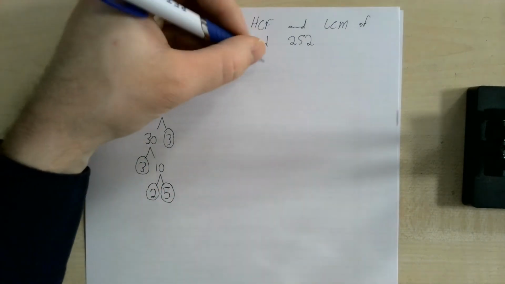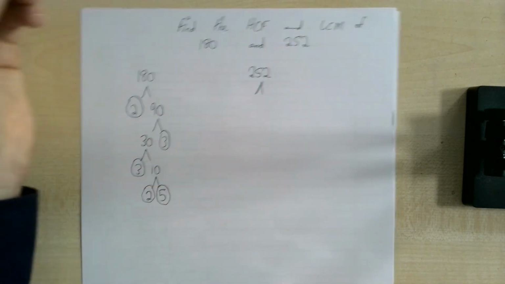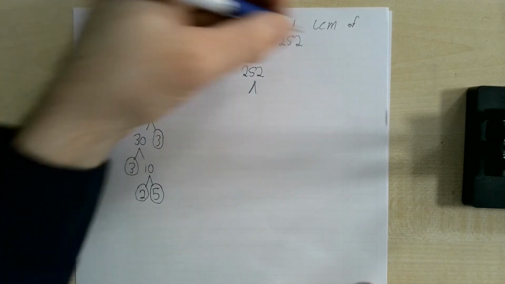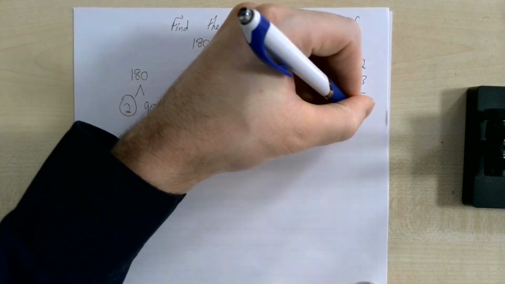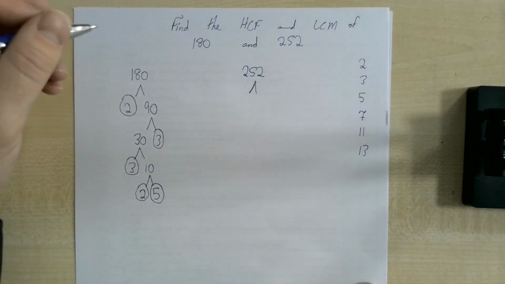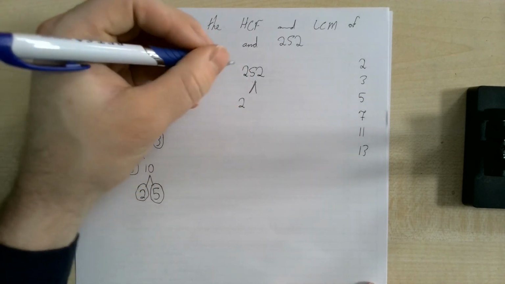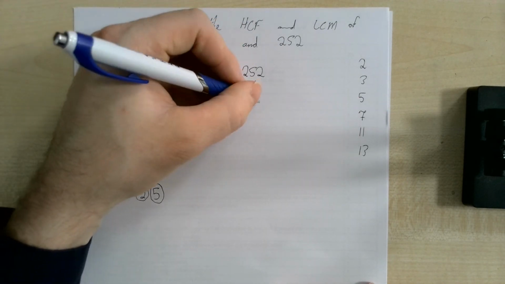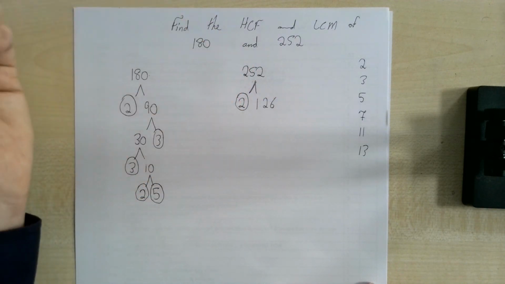Do exactly the same with 252. If you're unsure of your primes, there's no harm listing them at the side. You've got 2, 3, 5, 7, 11, 13. It's unlikely you need any others. For 252, we've got 2, and we have got 126, circle the prime.